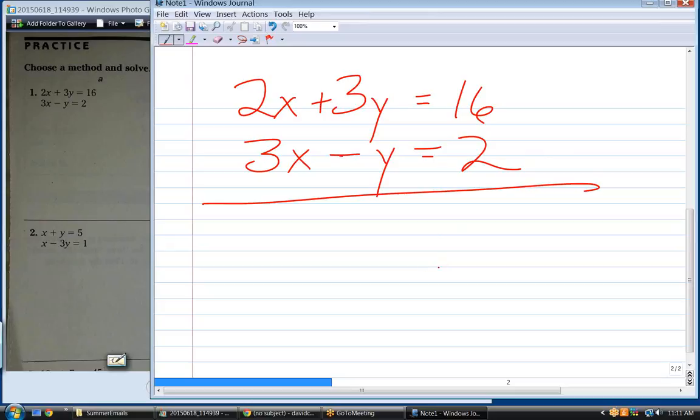Substitution would be used if one of the equations looked like this, the top equation. But let's say the other equation looked like this.